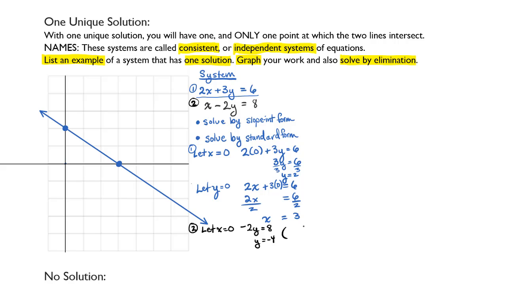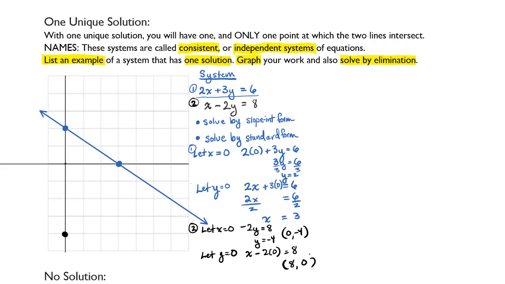So my first coordinate point is 0, negative 4. And then when y equals 0, we get x minus 2 times 0 equals 8. So x equals 8. So our other coordinate point is 8, 0.